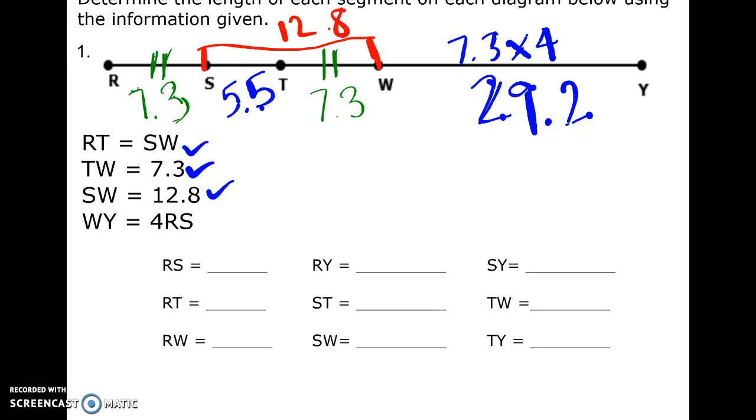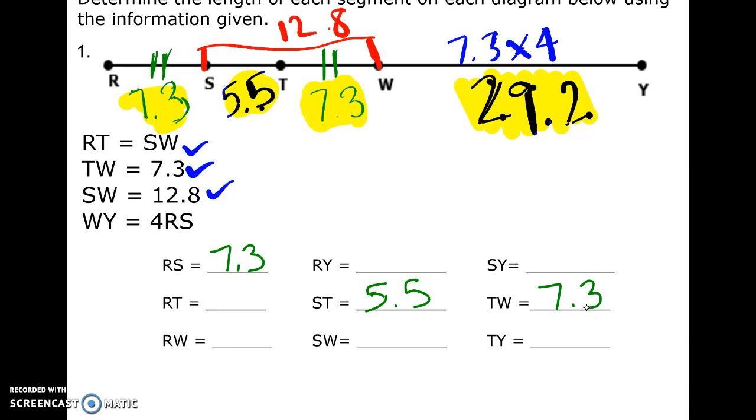So now I know all of my little pieces. I'll go ahead and highlight those for you: 7.3, 5.5, 7.3, and 29.2. Then as we go to the bottom and fill in the pieces, we just find what they're looking for. RS is 7.3, ST was 5.5, TW was 7.3.